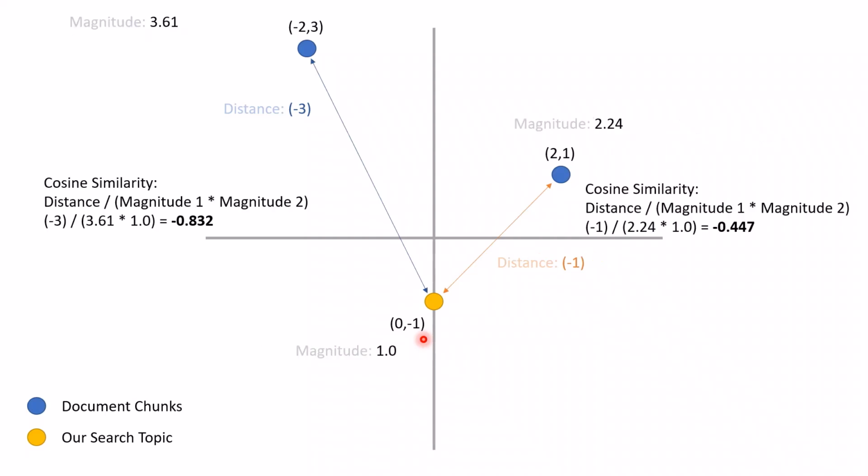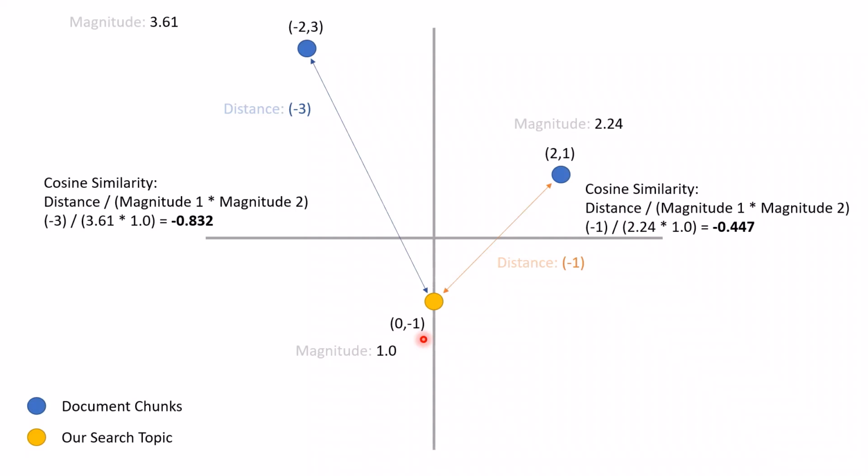Now that we have the distance and the magnitude, we can calculate the cosine similarity by taking the distance between the 2 points and dividing it by the two magnitudes multiplied by each other. The cosine similarity between the first document and our question is minus 0.832, and for the second document it is minus 0.447.